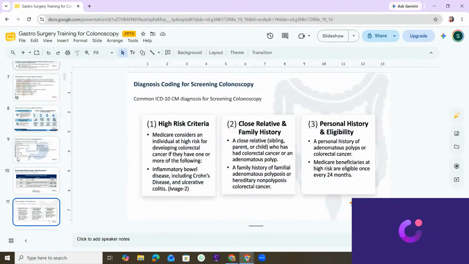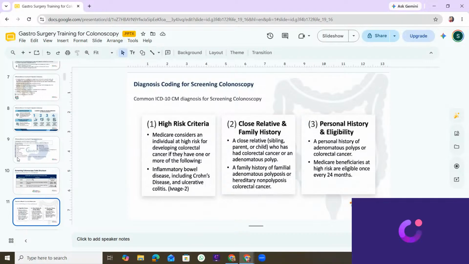Medicare considers an individual at high risk for developing colorectal cancer if they have one or more of the following conditions, like inflammatory bowel disease, including Crohn's disease and ulcerative colitis. Those patients have high risk criteria. A close relative, such as siblings, parents, or children, who has had colorectal cancer or adenomatous polyps.